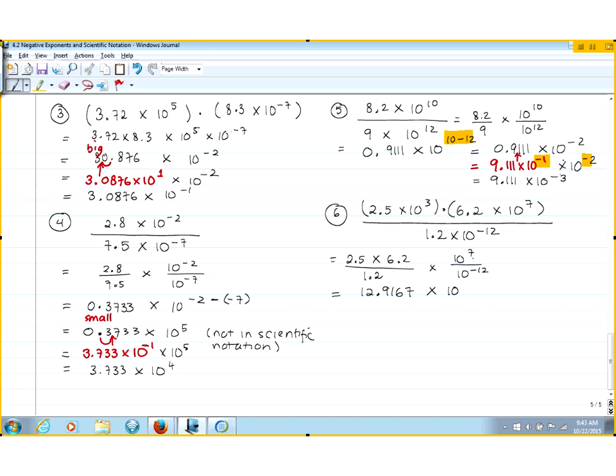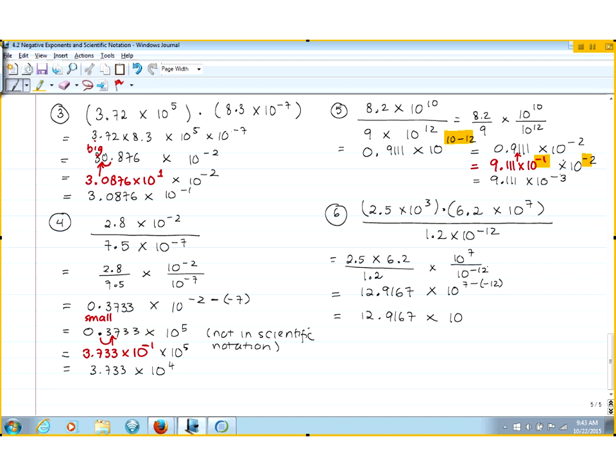Now, what about this? 10 to the what? 7. 7 what? Minus negative 12. Okay. So 12.9167 times 10 to the, what is 7 minus negative 12?